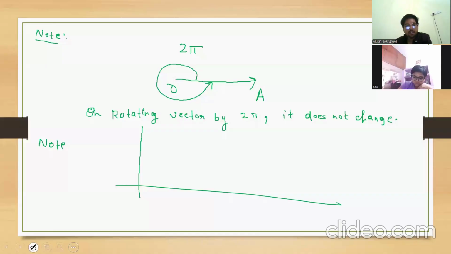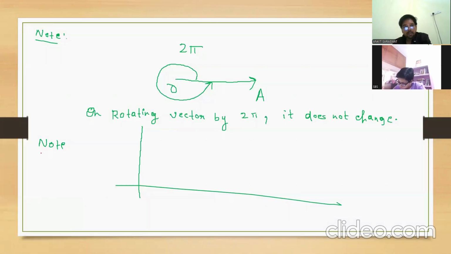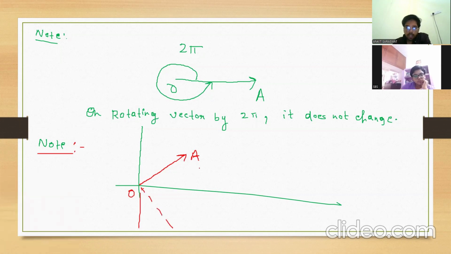First, we have learned that on rotating a vector by 2 pi, it does not change. If you take any vector, for example the vector OA, very important, we can shift the vector.